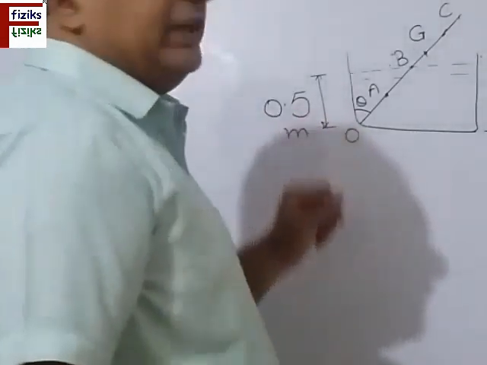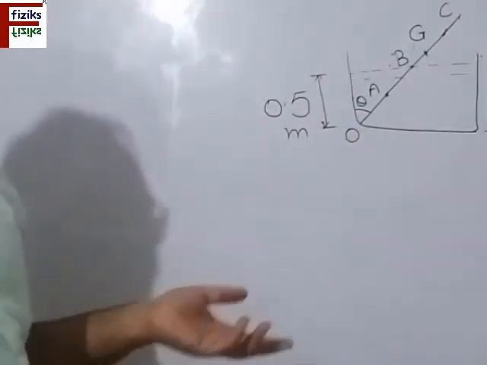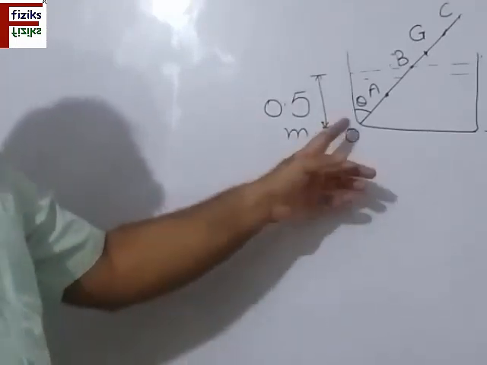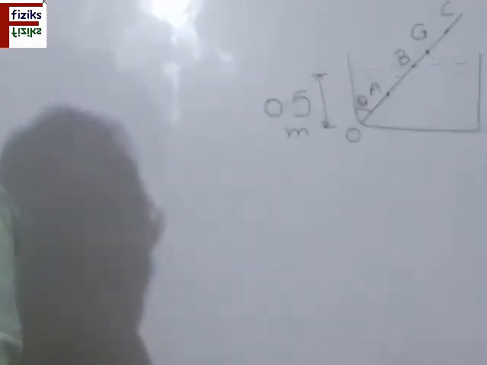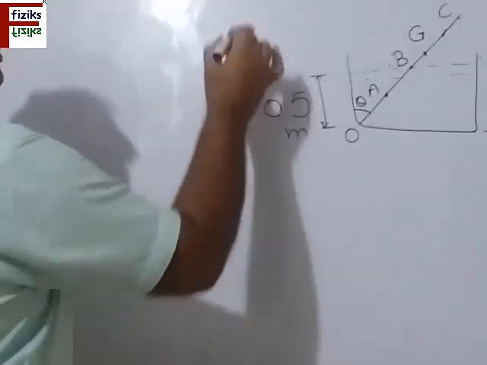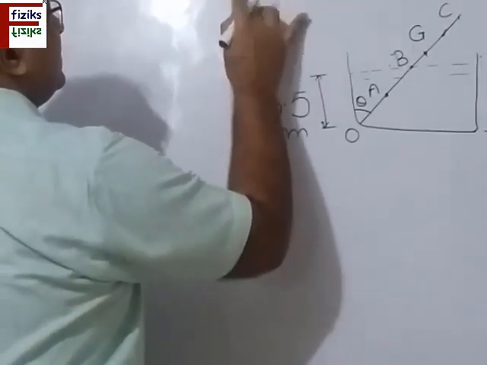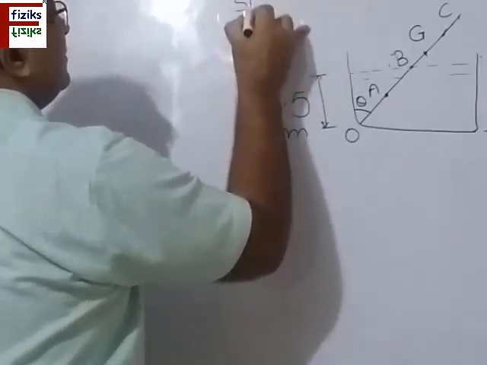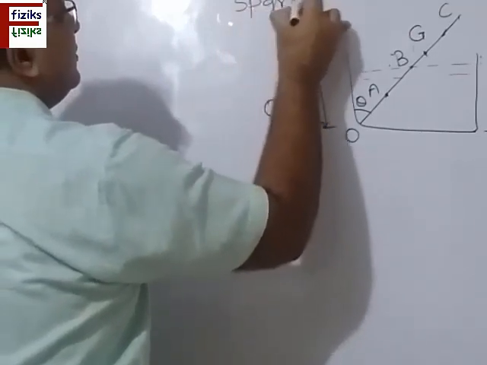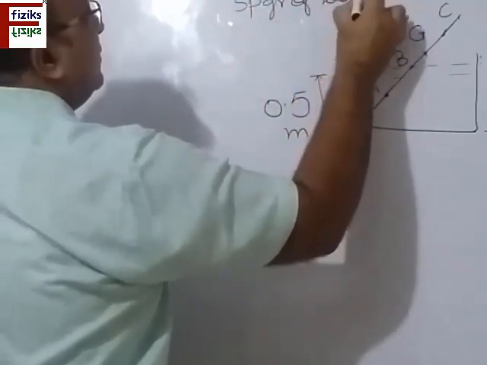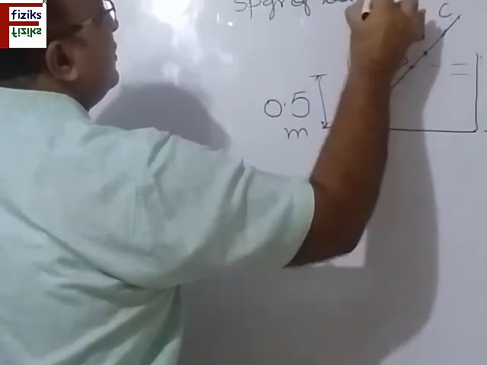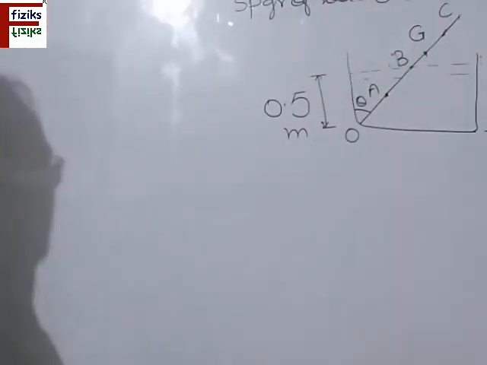Now we have a rod in this question which is made of some material. So OC is the rod. The specific gravity of this rod is 0.5, means it is lighter than water.